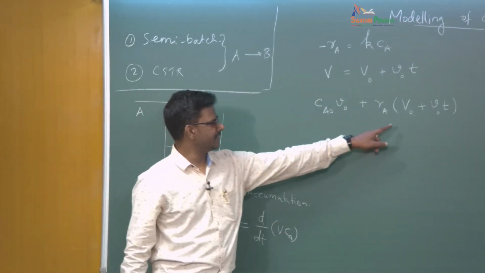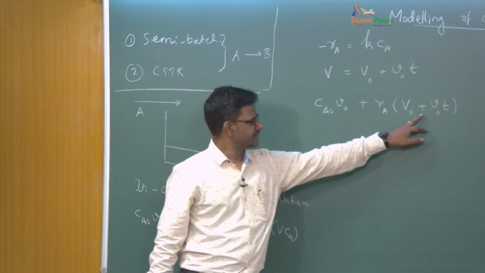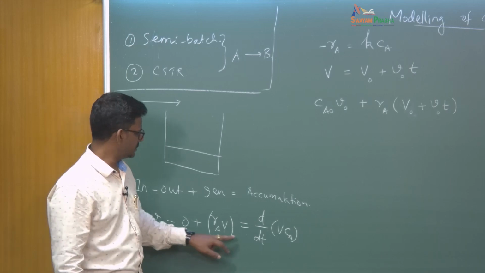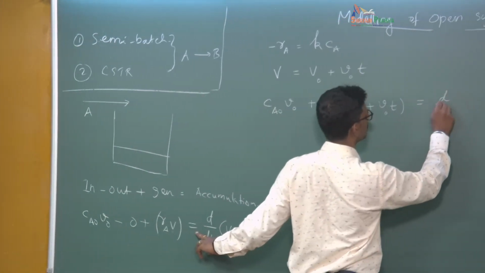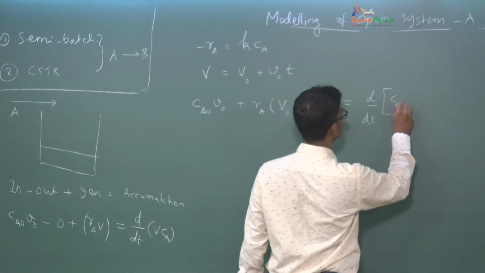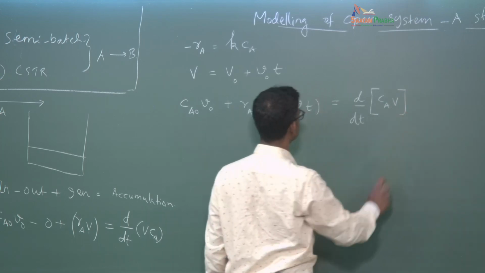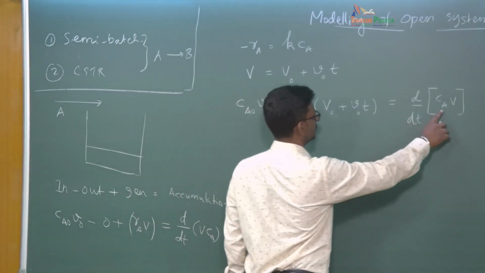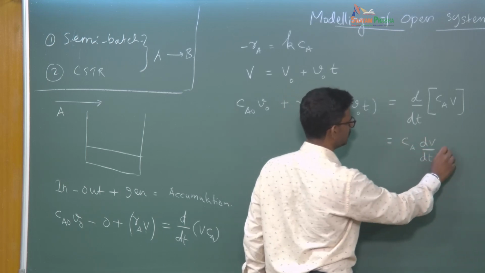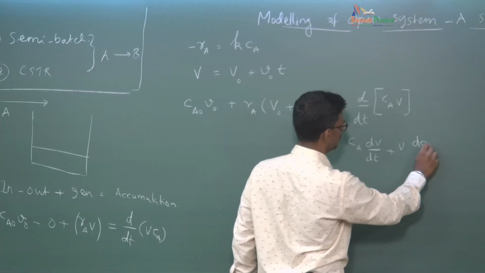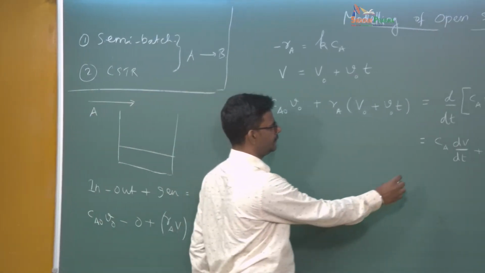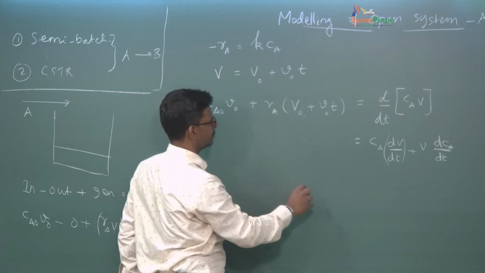I am using capital V naught for the initial volume of the mixture and small v naught here as the volumetric flow rate of the incoming stream. So you got this. So this you can write as Ca dV by dt plus V, and this dV by dt here is nothing but v naught.